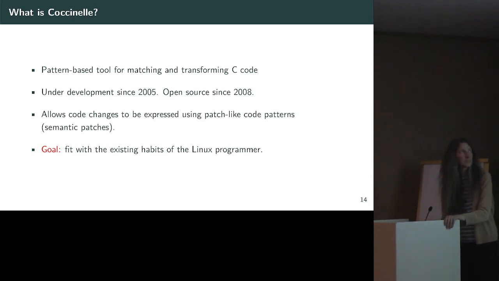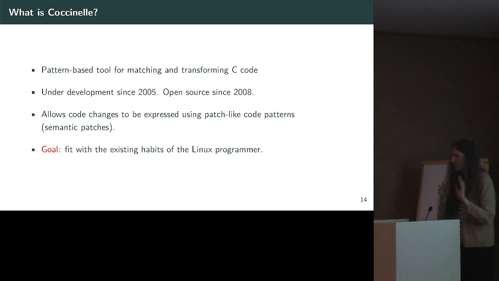So what is Coccinelle? Coccinelle is a pattern-based tool for matching and transforming C code. At the time that we started developing it, which was around 2005, the latest big thing in C program transformation was CIL, which comes from George Necula. CIL was very nice in that it gave you a parser.